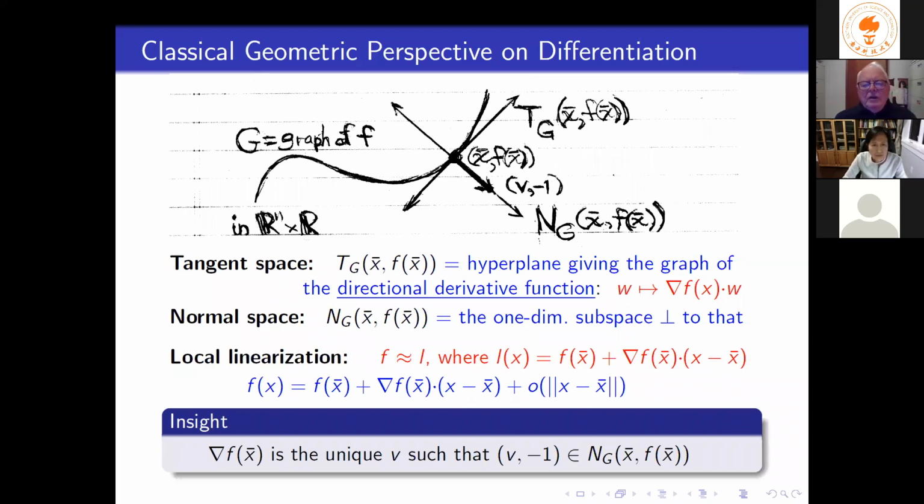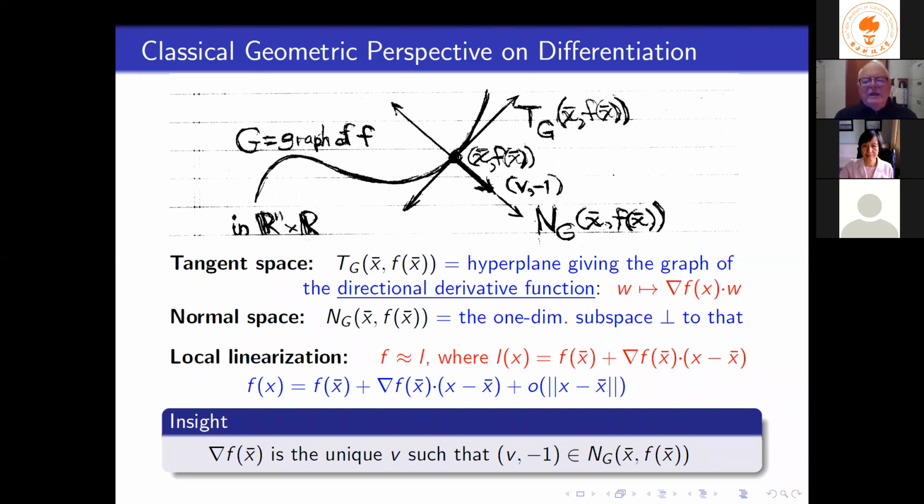And of course, the theory of differential manifolds elaborates on all this. But for our purposes here, we're just in Rn, and the tangent space is like a hyperplane that's tangent to the graph at this point, and then its orthogonal complement, which is just one-dimensional, is a line, and that's the line of normals at this point.